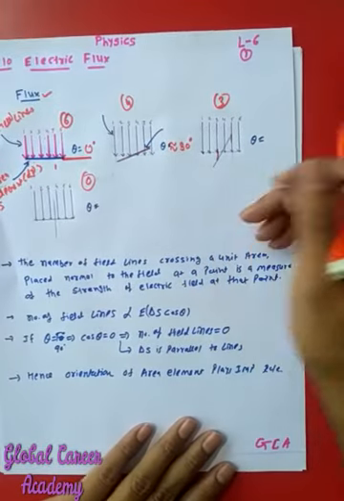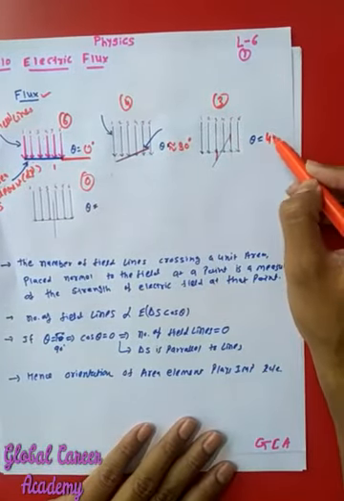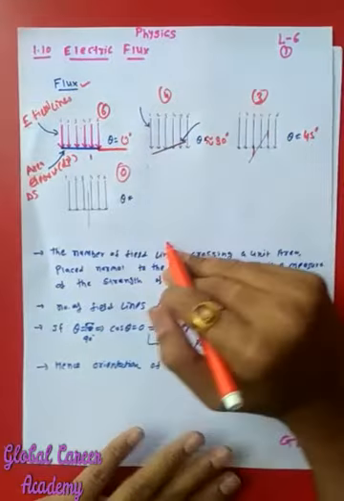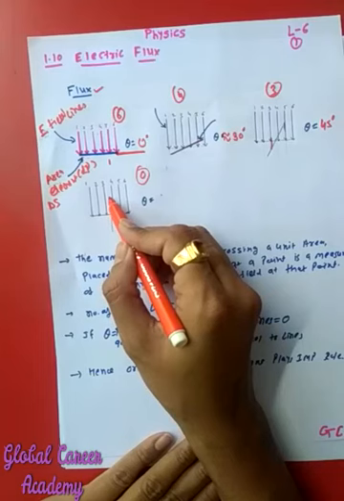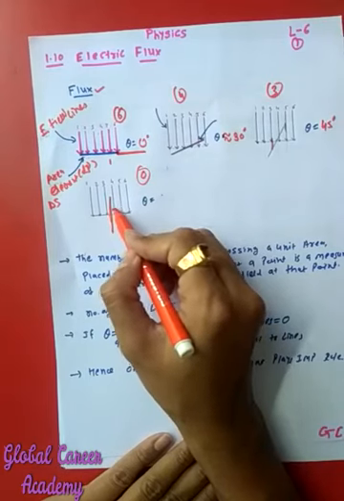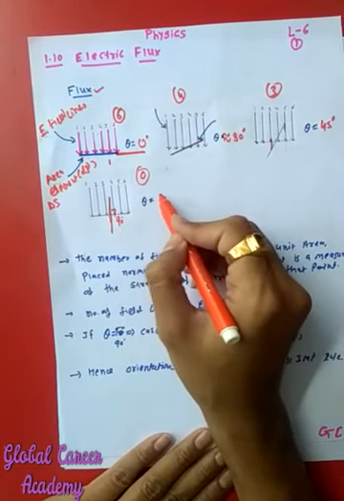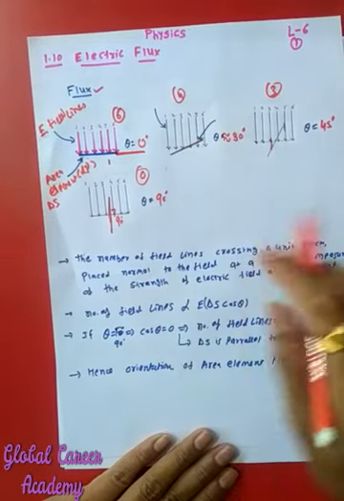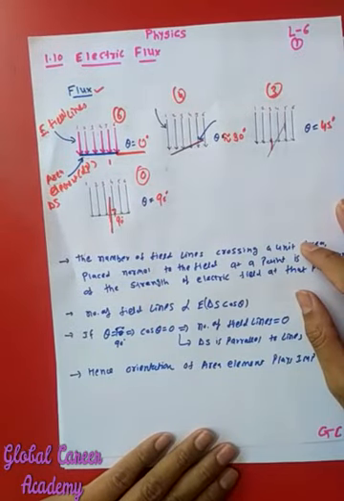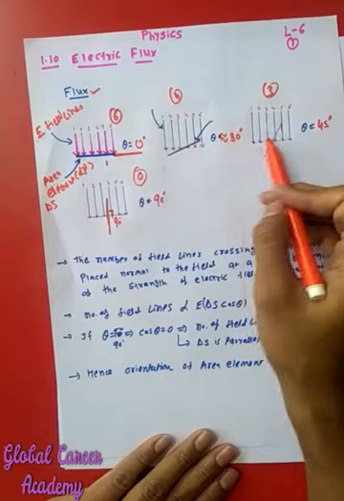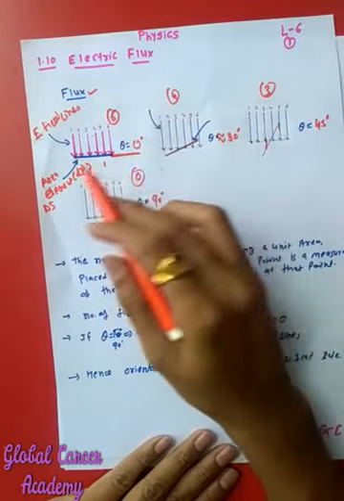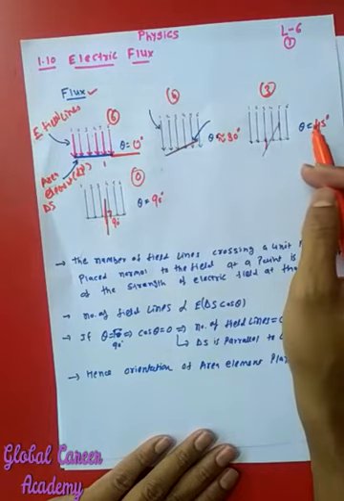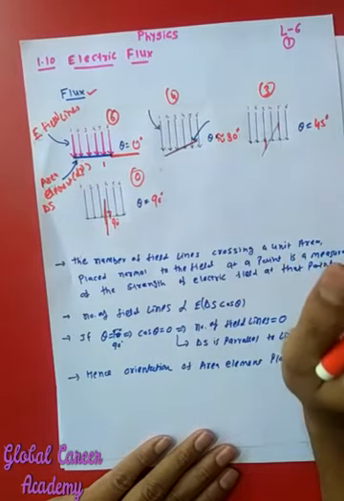Over here I have made an angle of, suppose, 45 degrees, and over here, as you can see, the area element is totally vertical, making a 90-degree angle. So as the angle is increasing, the number of field lines passing through the area is decreasing.